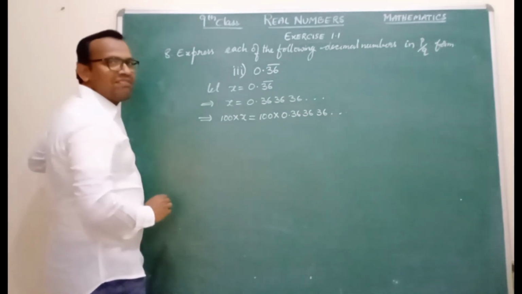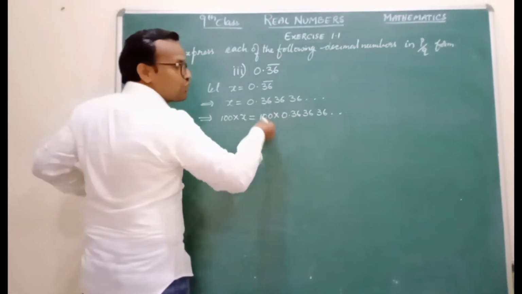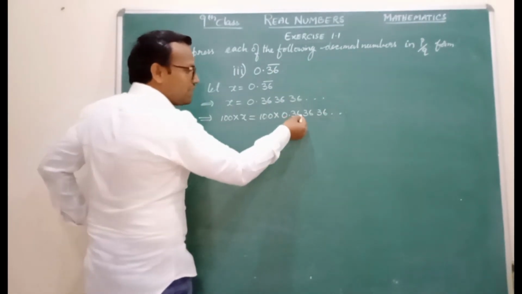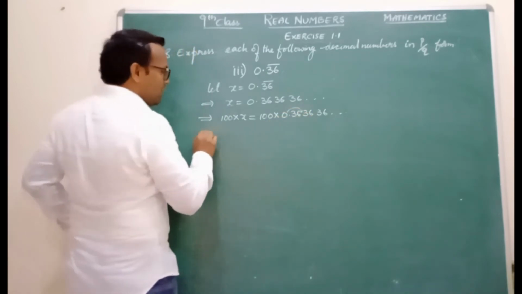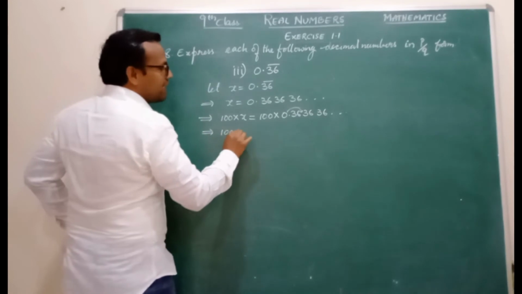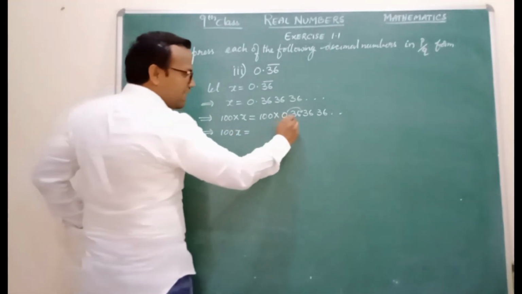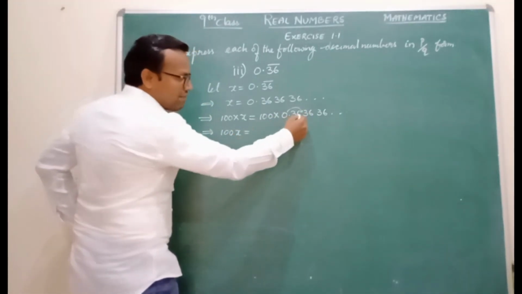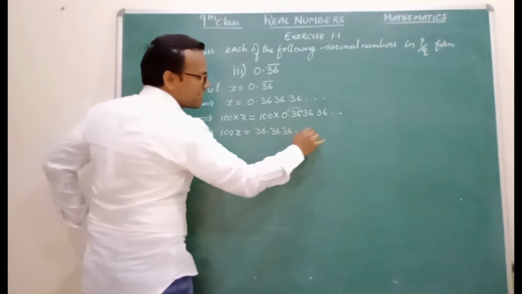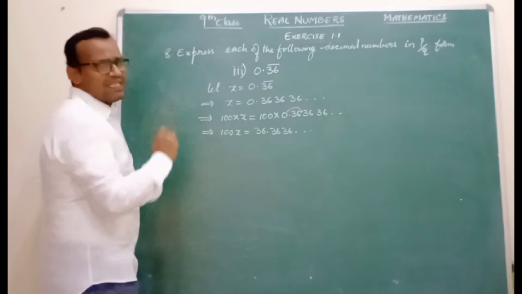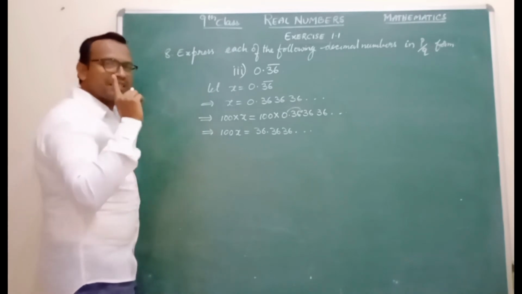When we are multiplying with 100, the point moves two places right side. 1, 2. So after this, the point moves. So 100 into x is 100x is equal to here the point is moving, no? So after 36, 36.3636 and so on. From this 100x, let me subtract 1x.